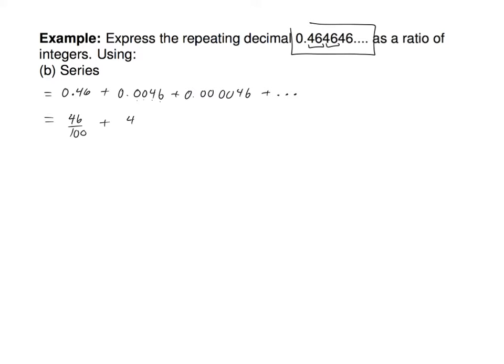So plus 46 out of 10,000, right? And this next one's going to be 100,000, a million. Okay, and you kind of get the idea.